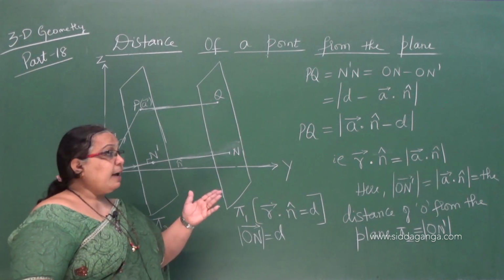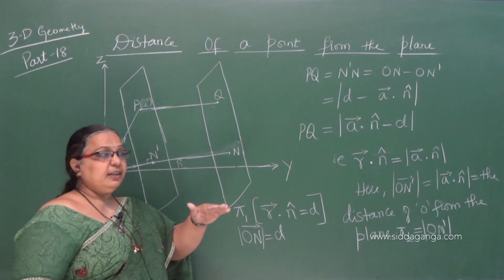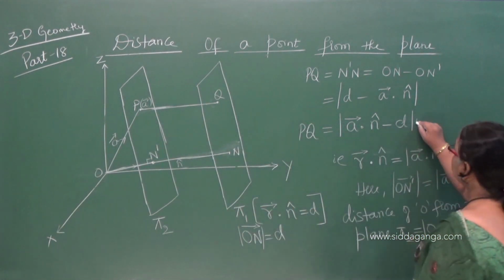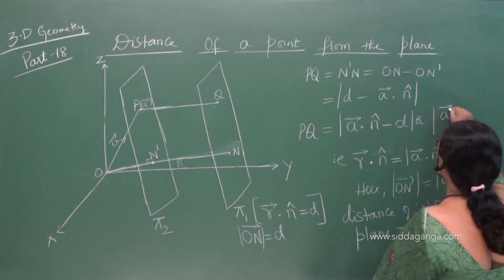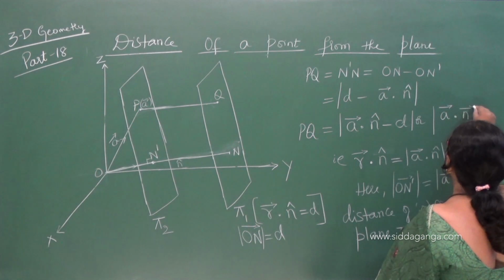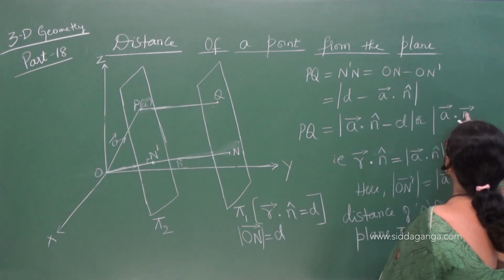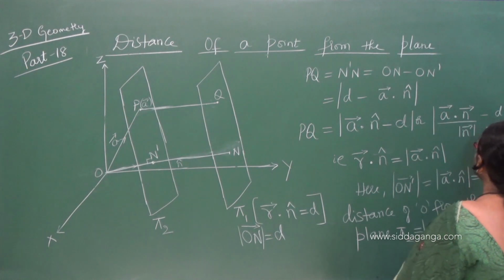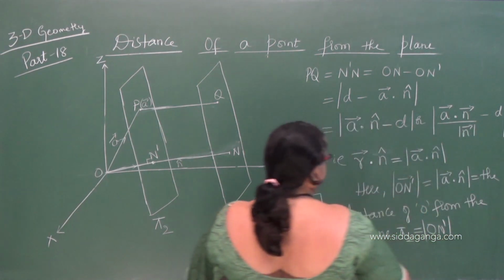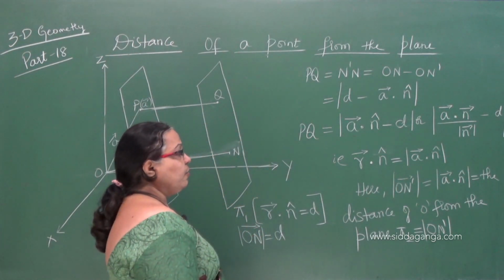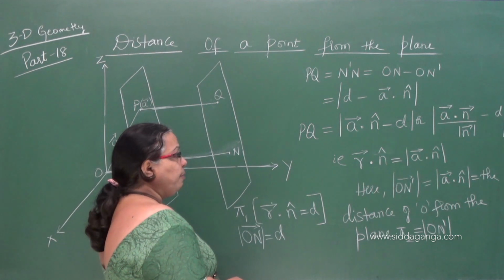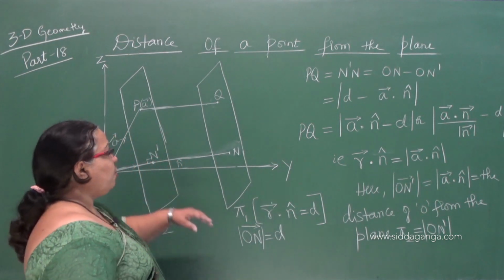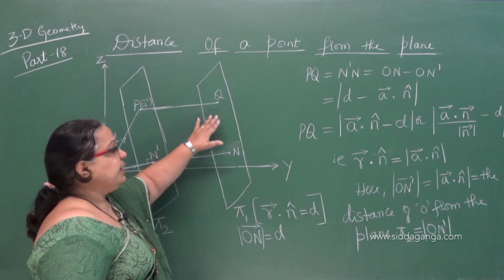We know that n cap is the unit normal vector. Now if I represent it with the vector, this can also be written as the modulus of vector A dot vector N divided by the magnitude of vector N, minus D. So minus D, that is vector A dot vector N, minus D, divided by magnitude of vector N. So now this represents the distance of a point P from the given plane.